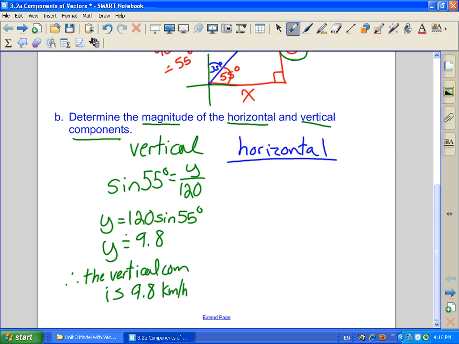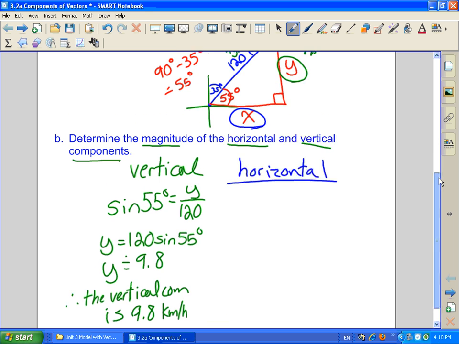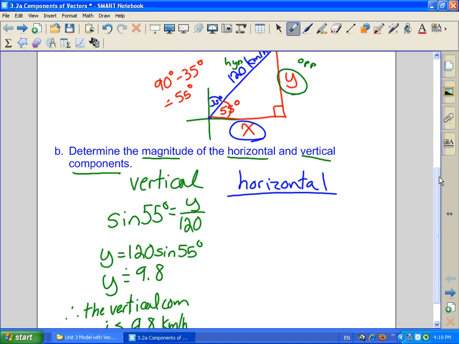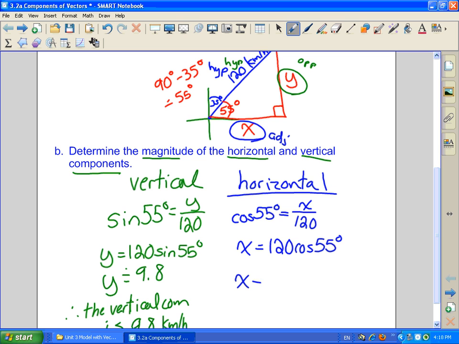All right, let's take a look at doing the horizontal component. The horizontal component is the x. Looking at our angle of reference, which is 55 degrees, I have the adjacent side and the hypotenuse. So according to SOHCAHTOA, we're going to be using the cosine for that. So the cos of 55 degrees equals x over 120. So x equals 120 cos 55 degrees. So see now why we did trig initially to help us with this.